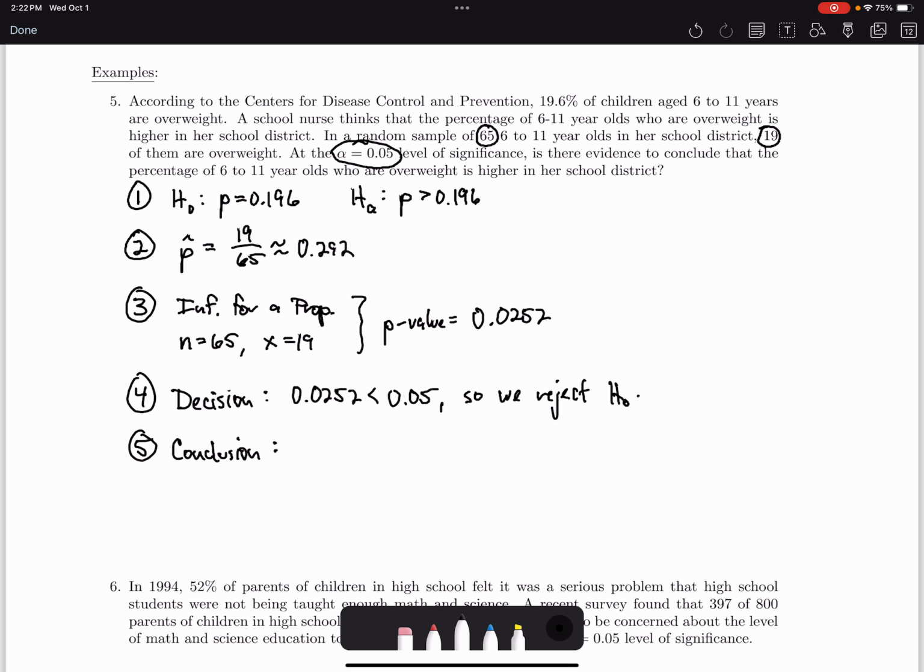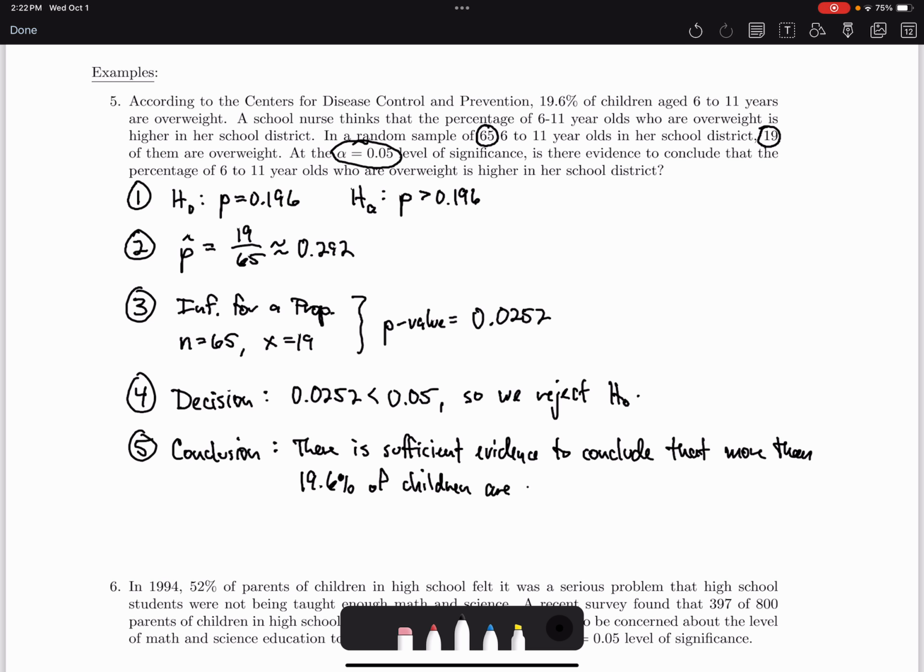And then we can write out a conclusion. Since we're rejecting the null, that means there's evidence to support the alternative, right? So we would say there is sufficient evidence to conclude that more than 19.6% of children are overweight in this nurse's school district.